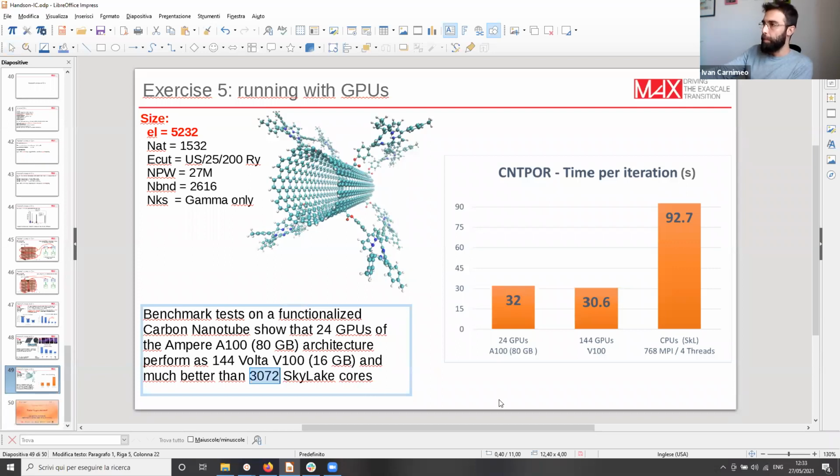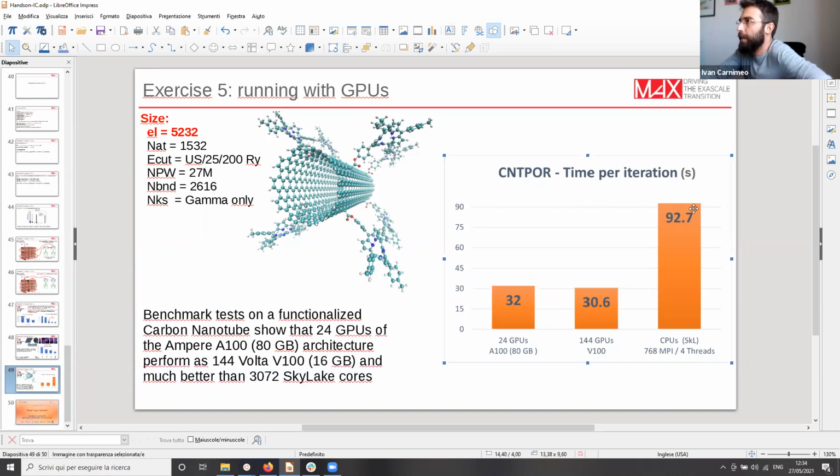So running on CPU, if you want to do an SCF on this very large molecule using only regular CPU nodes, with 3,000 CPU cores, it took 90 seconds per iteration. So if you need, I don't know, 10, 20 iterations, it is 900 seconds or more.